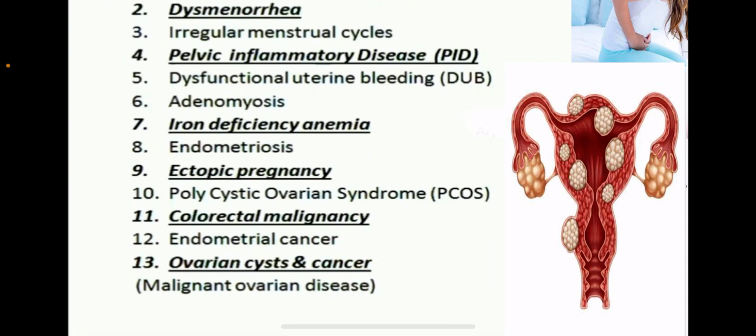What are we discussing about? The non-contraceptive benefit of OCP. It is giving a protection against all these diseases. Also used in the treatment of all these diseases in certain conditions. So we see that it is used in dysmenorrhea, provides protection against irregular menstrual cycles, PID, DUB, adenomyosis, endometriosis, iron deficiency anemia, ectopic pregnancy, PCOS, colorectal malignancies.